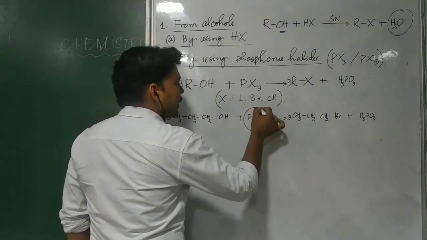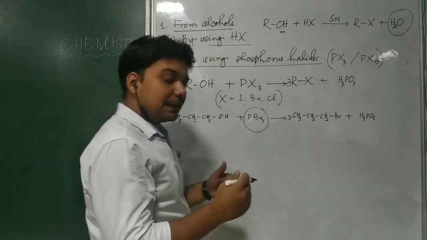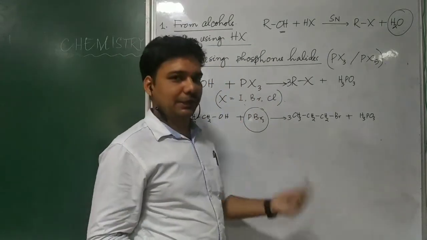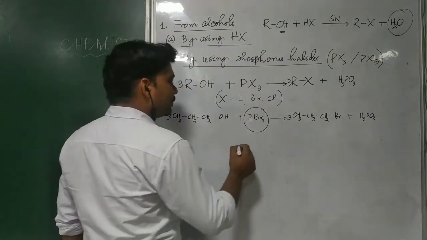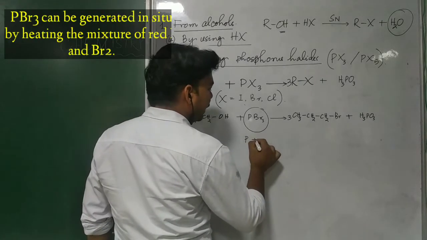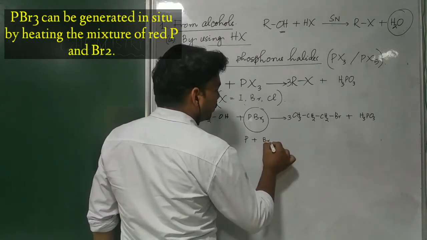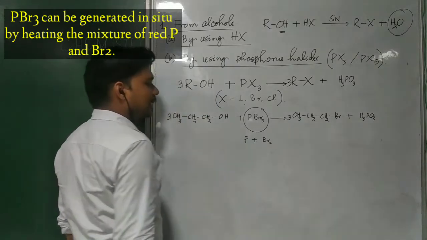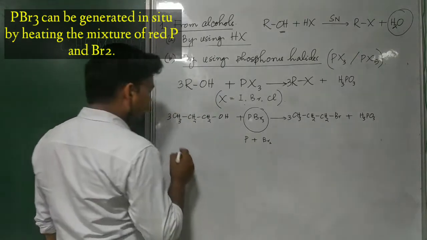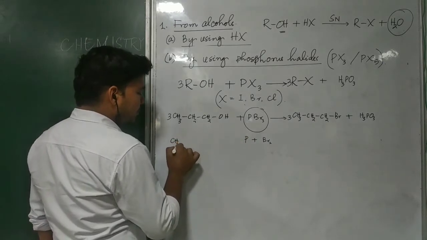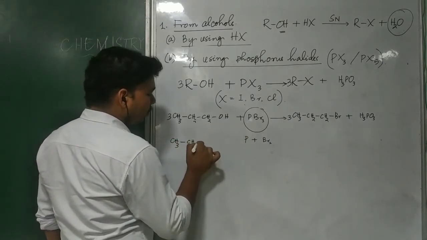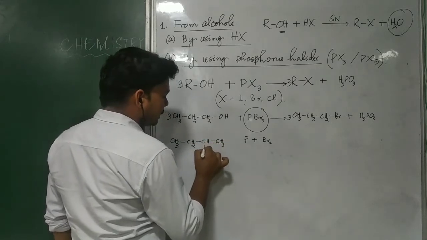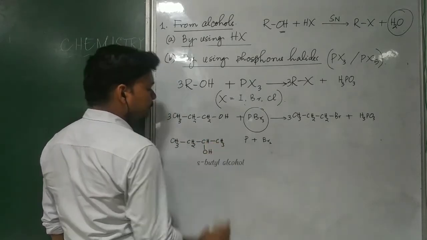This phosphorus tribromide can be generated in situ. In the reaction medium, we can prepare PBr3 by taking a mixture of phosphorus and bromine. Instead of taking PBr3, we can use this mixture, red phosphorus and bromine. For example, this is another alcohol molecule, secondary butyl alcohol.